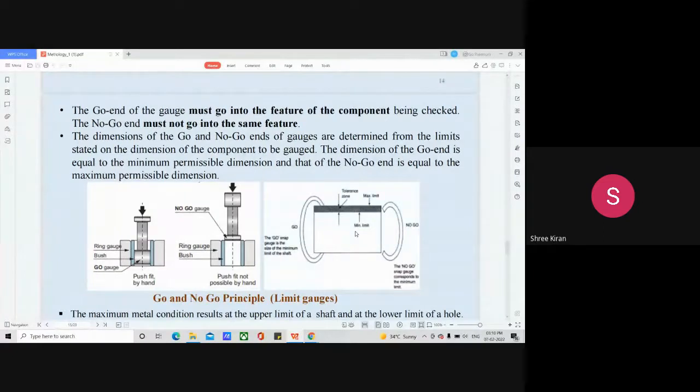That is the presence of the greatest amount of material permitted at a prescribed surface. That's what happens in the case of go limit.